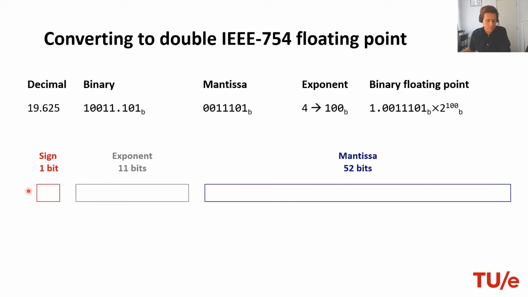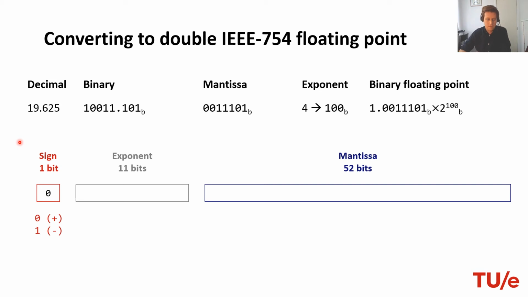Okay, so let's start with the first bit for the sign. And recall that for the sign, we store a 0 if the number is positive, and we store a 1 if the number is negative. 19.625 is positive, so we simply store a 0 here.